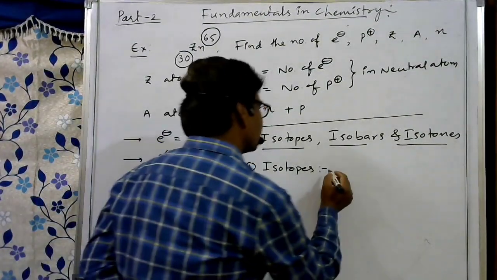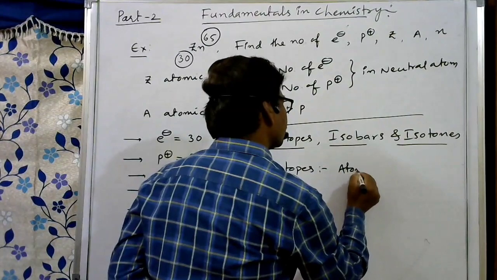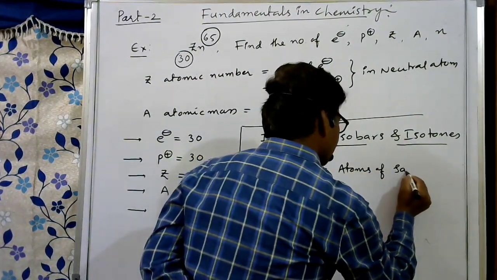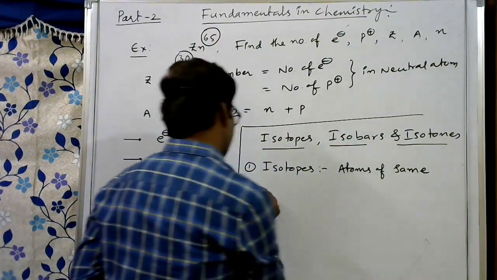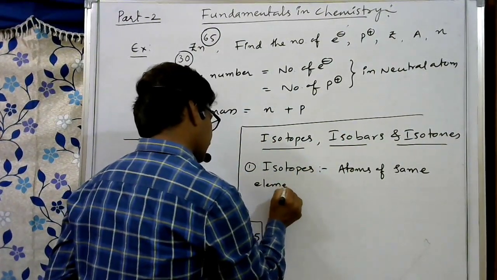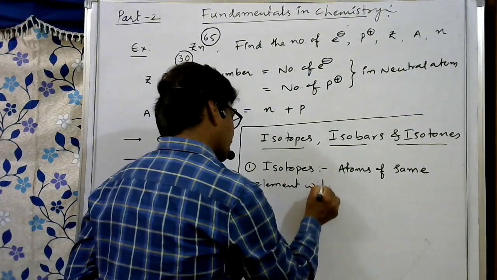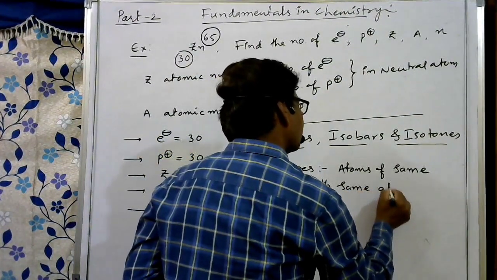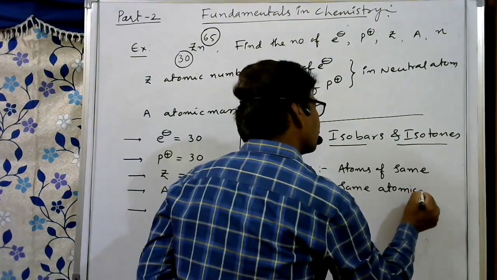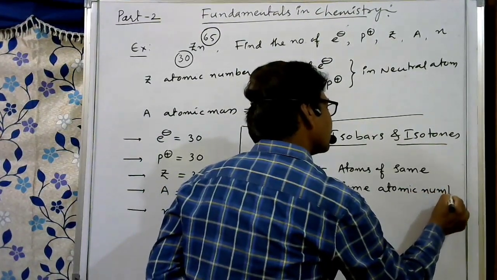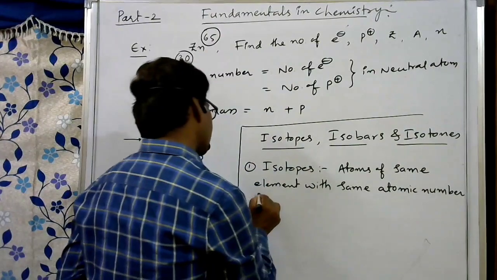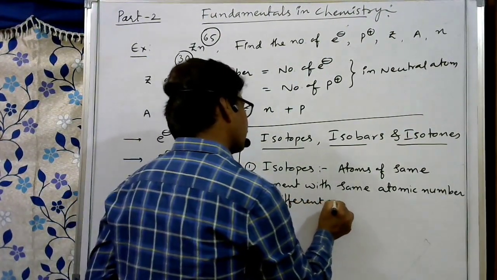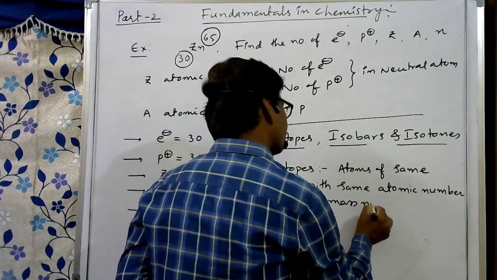See, isotopes are nothing but atoms of the same element with the same atomic number and different mass numbers.